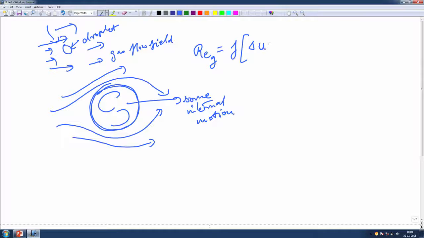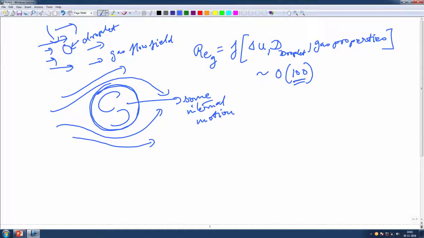It has to be a function of the relative velocity, of the droplet diameter, and of the gas properties. Gas properties means density, viscosity, etc. In most of the cases you will find that this Reynolds number is of the order of 100. So, it is still laminar, but it is not 1 or below.